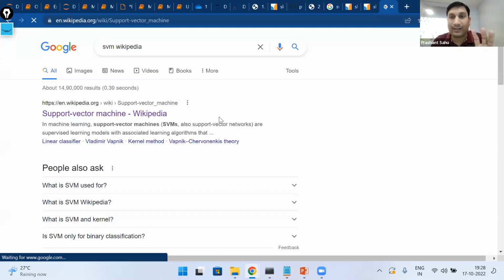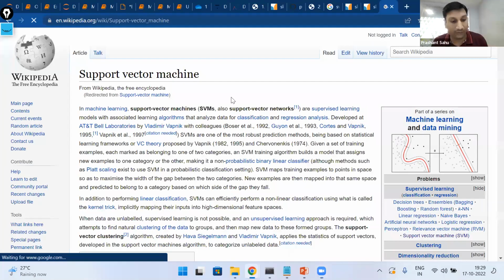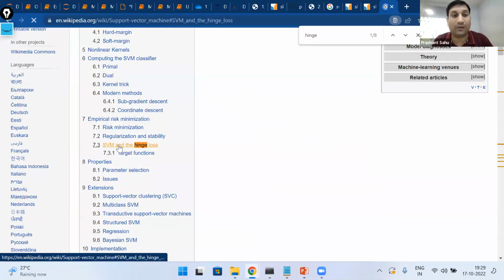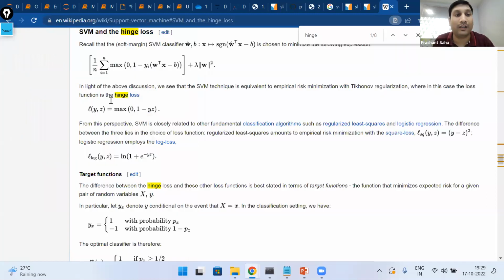I'll just search for the word hinge, H-I-N-G-E, and you can see it here. So the support vector machines use the hinge loss. That is the point we are trying to convey.